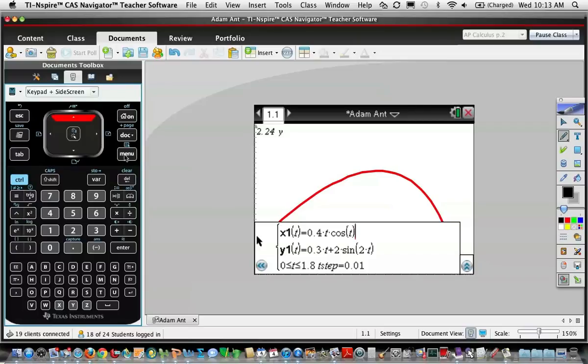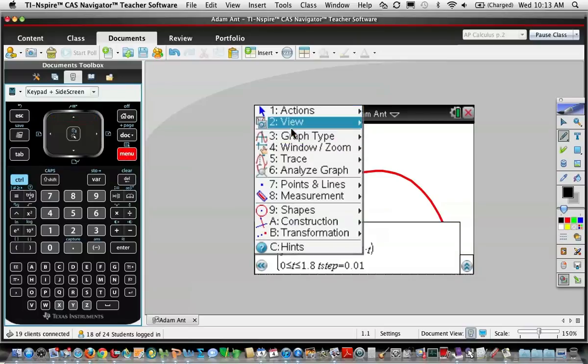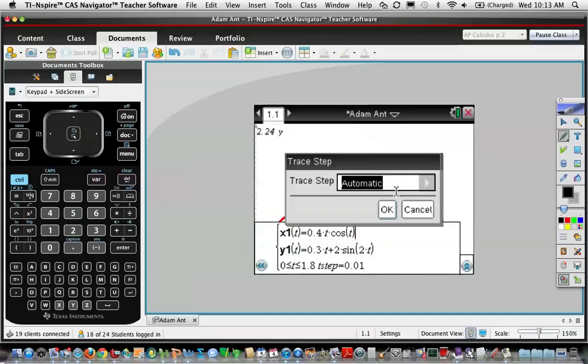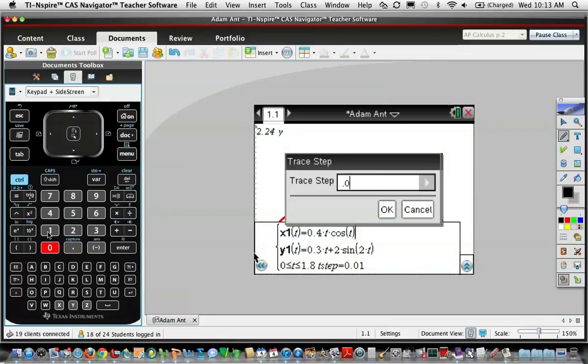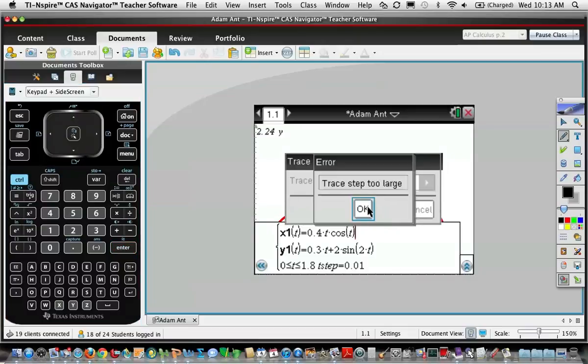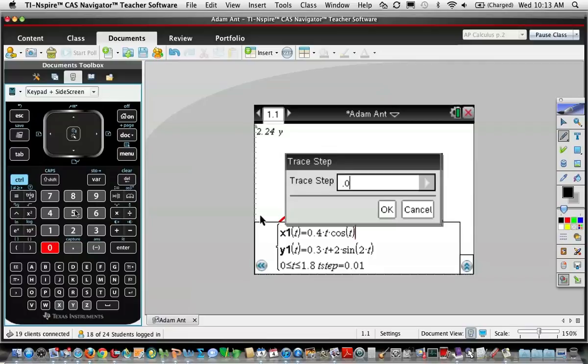But what you have to do here is go into the trace step, and don't have it be automatic. Let's change that to 0.01. Trace step too large. Let's change it to 0.05. Trace step too large.